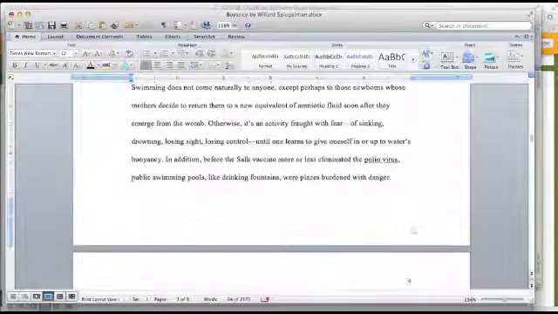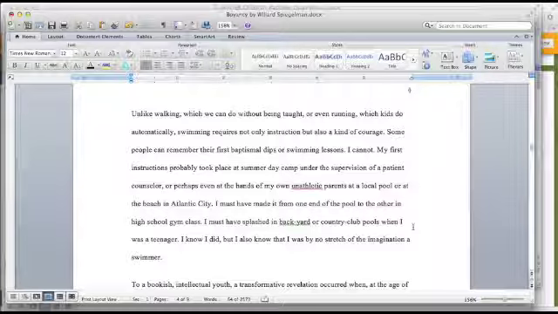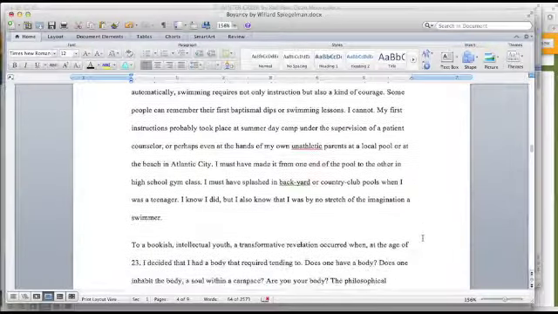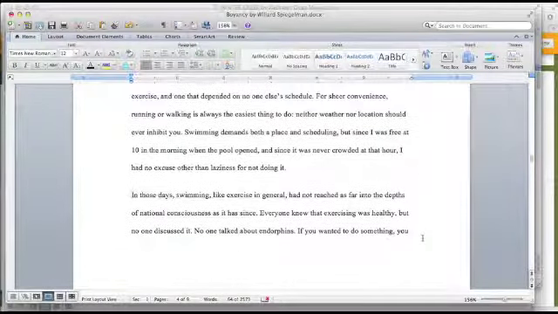Now let's take a look on page 4. He creates a kind of insight here. "In those days, swimming, like exercise in general, had not reached as far into the depths of national consciousness as it has since.